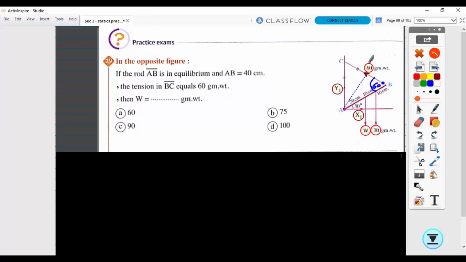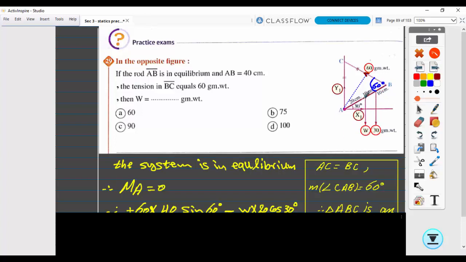Then what is the value of W? W lies at the midpoint of AB, so this distance equals 20 and this distance equals 20, from the given.